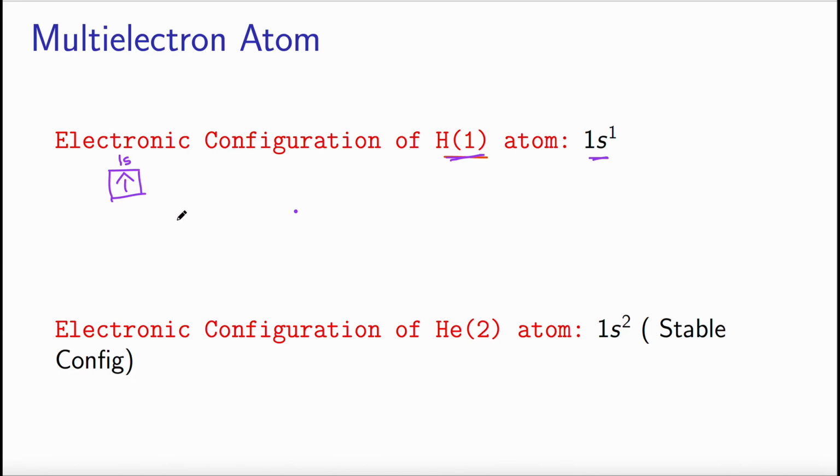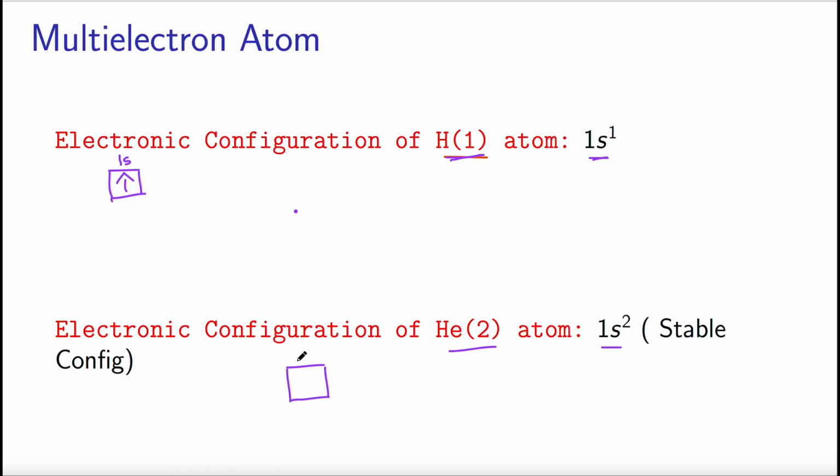Next is the helium atom. For helium atom we have two electrons, and both the electrons will be in the 1s state. Again I am drawing the 1s.